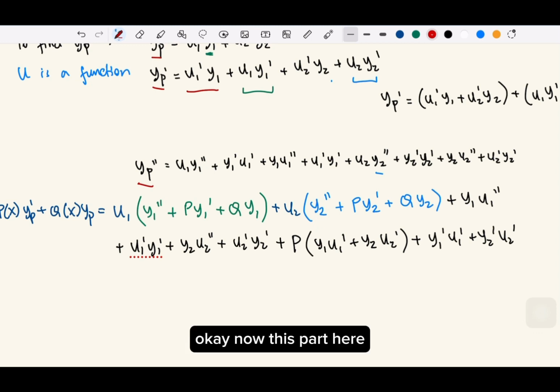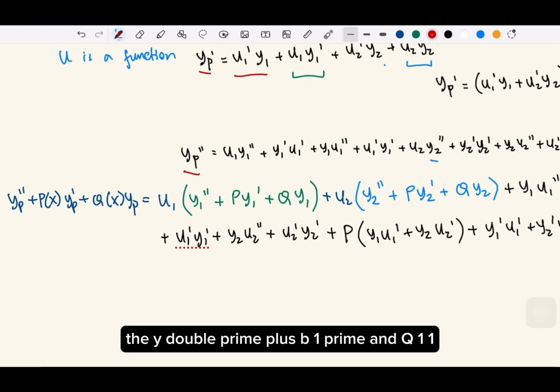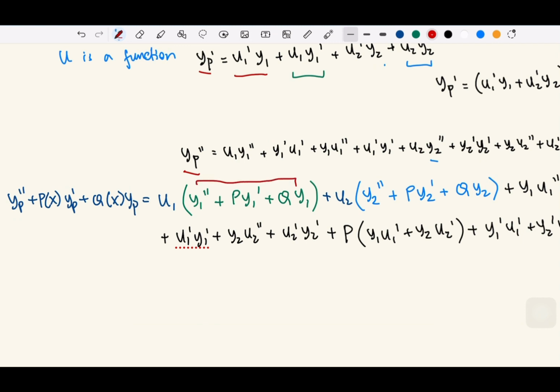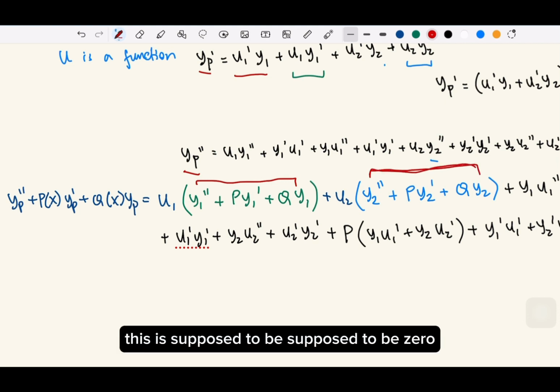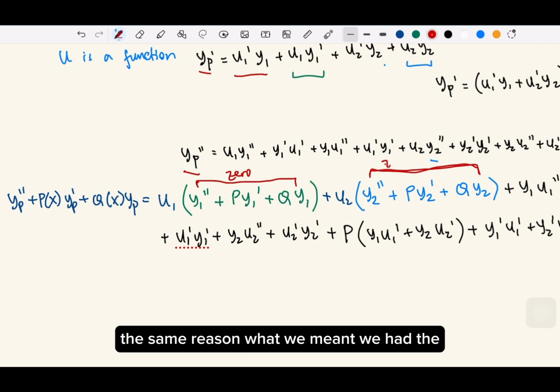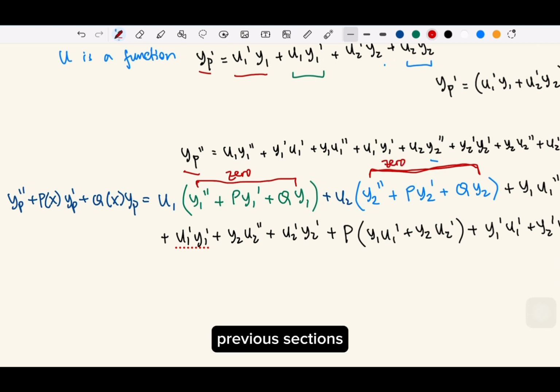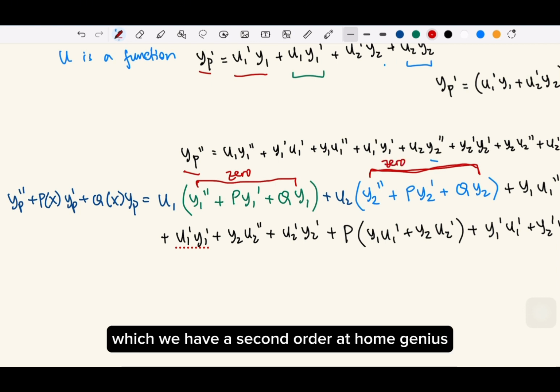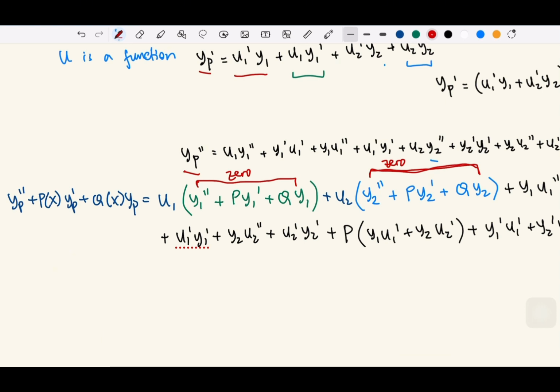Okay, now this part here, y1 double prime plus p y1 prime plus q y1, and this one here, is supposed to be 0. The same reason as in the previous sections, where we had the second order homogeneous equation, that will be 0.